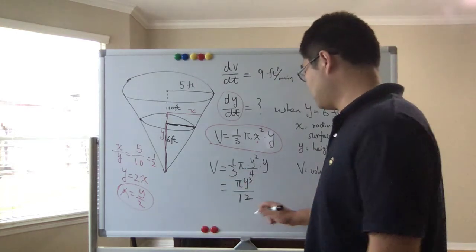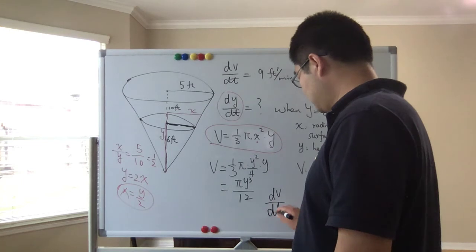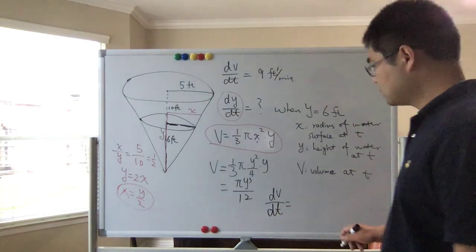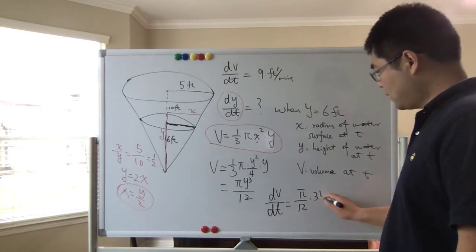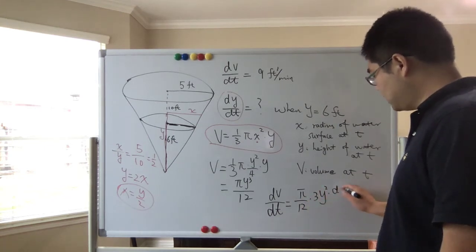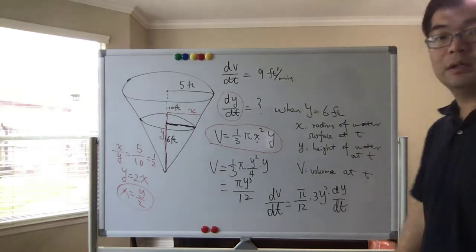If we take the derivative on both sides, we have dV/dt equals pi over 12 times 3y squared times dy/dt.